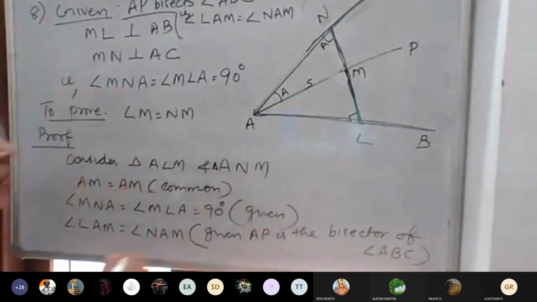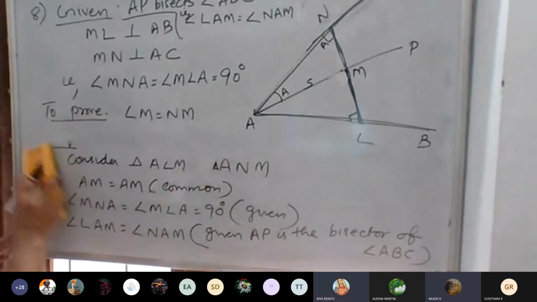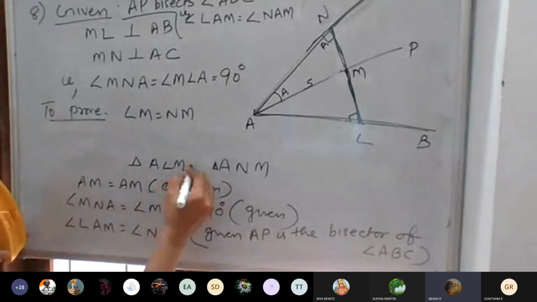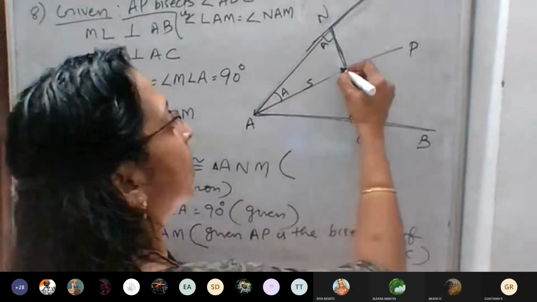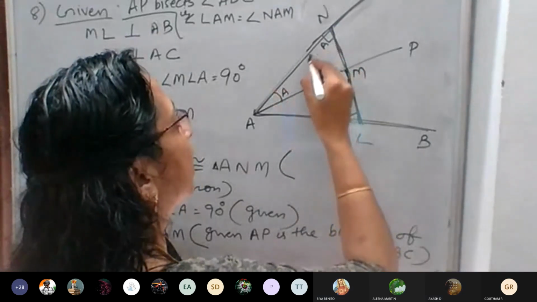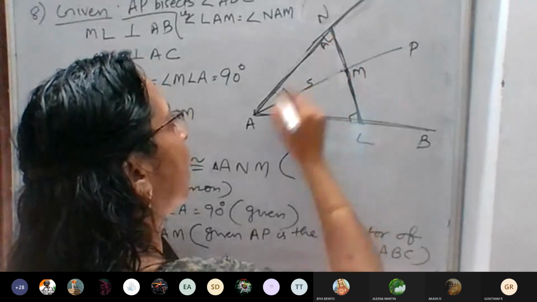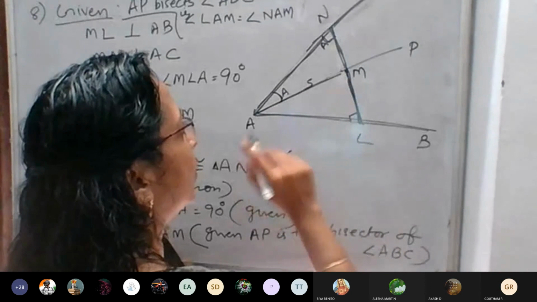So how can we write? Triangle ALM is congruent to triangle ANM using AAS. Can we say ASA? No. Angle, angle, then one side, not the included side.